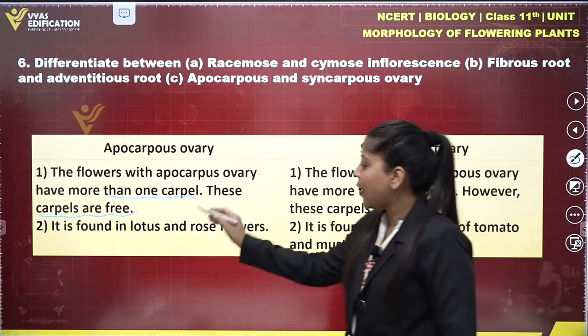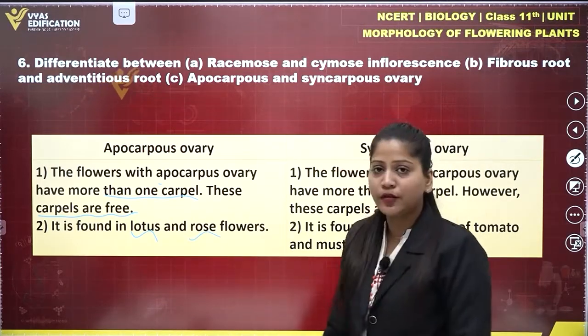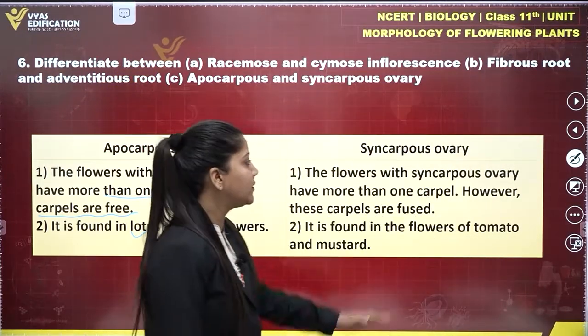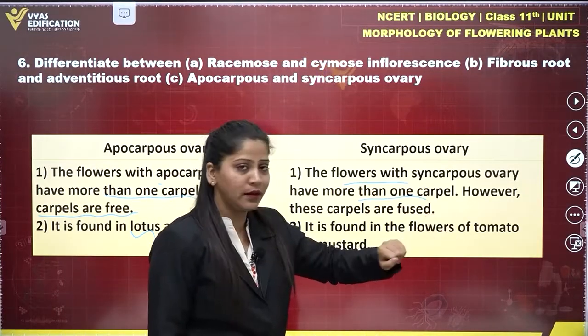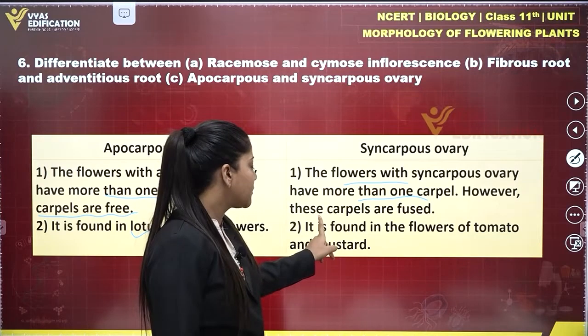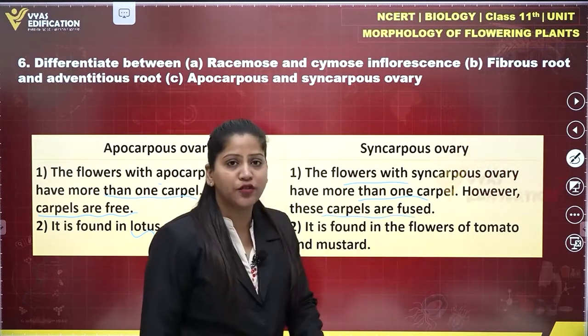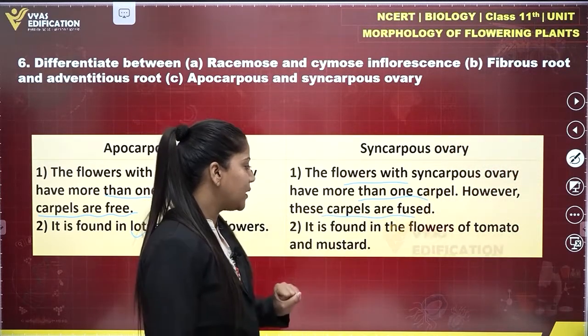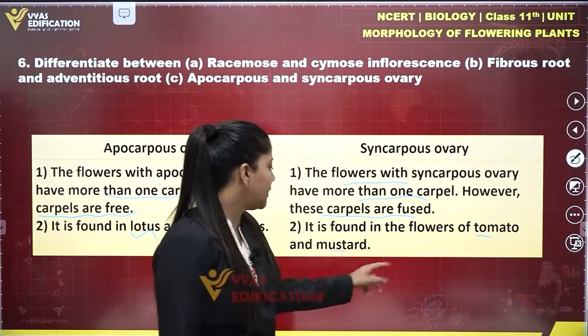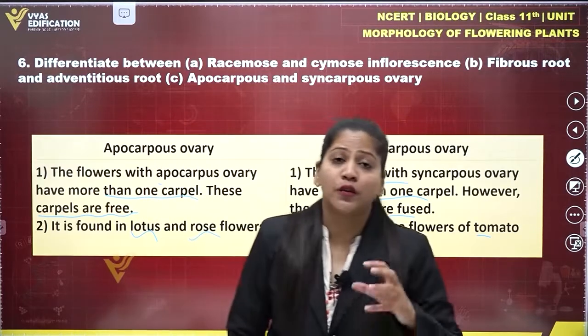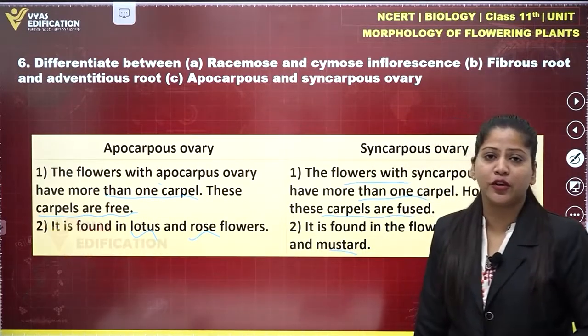It is found in lotus and rose flowers. If we talk about the syncarpous ovary, more than one carpel is present, and these carpels are fused with each other. The syncarpous condition of ovary is found in tomato, mustard, etc. So this is the complete solution of question number 6.